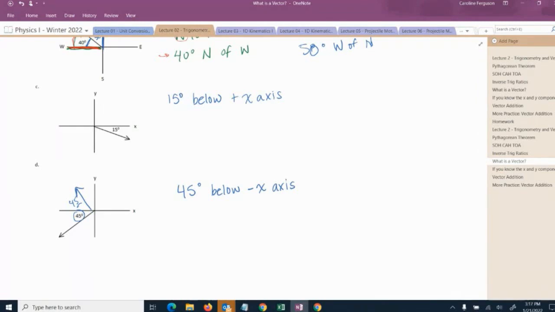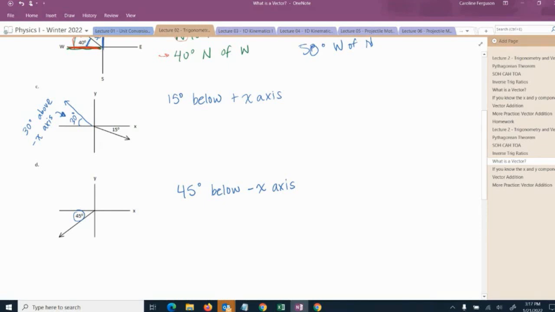That's all. I will write it in somewhere. I'll do it here. So this one is 30 degrees above the negative x-axis, just so you can look at it in the notes.